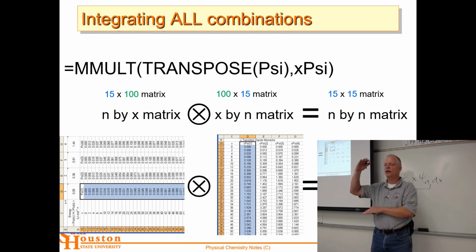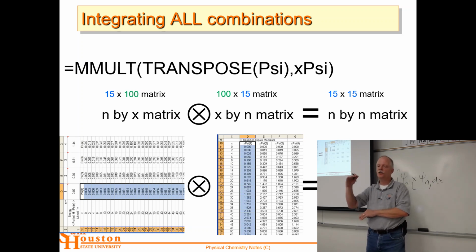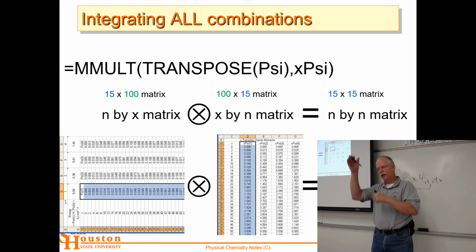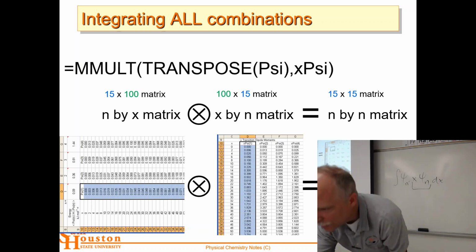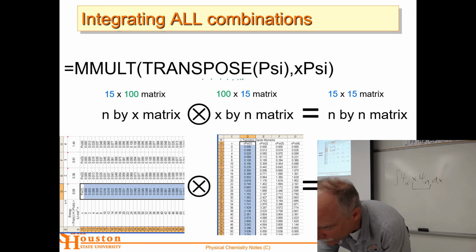But you select that 15 by 100 matrix, but it's a vertical matrix. It's a 100 by 15, and we want to flip that. So we want to transpose that so it's compatible with that block of numbers again. So this is the formula that we're using in Excel. We're transposing that wave function block so that it looks sideways like this. And then we're multiplying it by that wave function block multiplied by x.